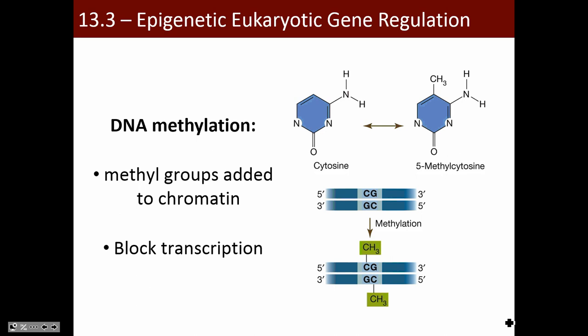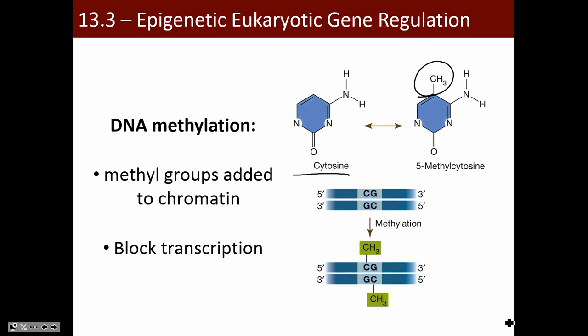Carbon and hydrogen, right? So here, this cytosine does not have a methyl group on it. Here, 5-methylcytosine has a methyl group that has been added to it. Okay, so we can add those methyl groups to our DNA, to our chromatin in the cell, and what do you think that might do?